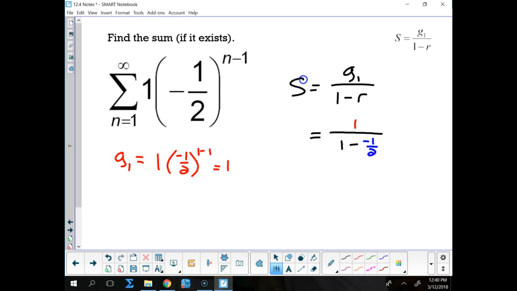Okay. 1 minus -1/2. What we got? 3 halves. Oh, yeah. I don't do mixed numbers. Remember? Yep. Flip and multiply, right?